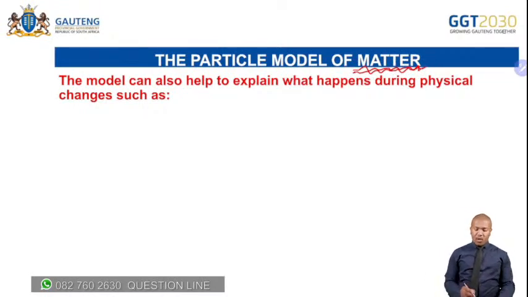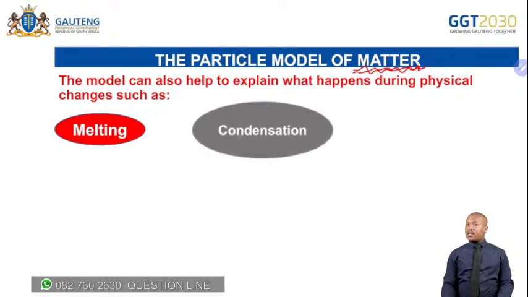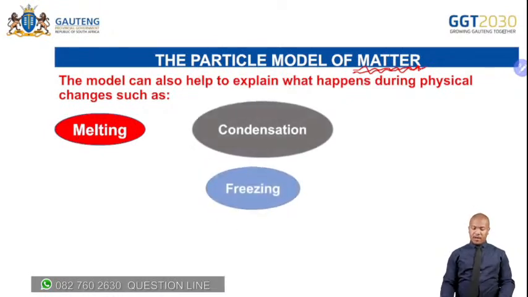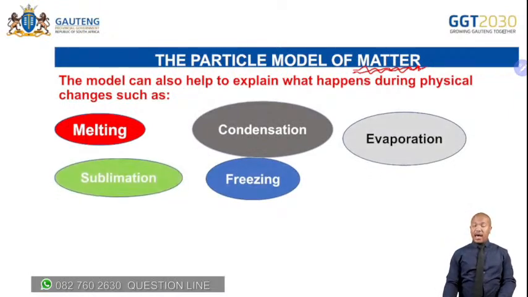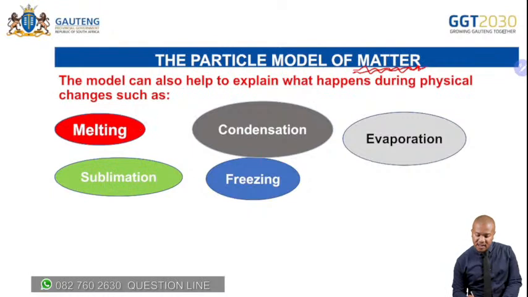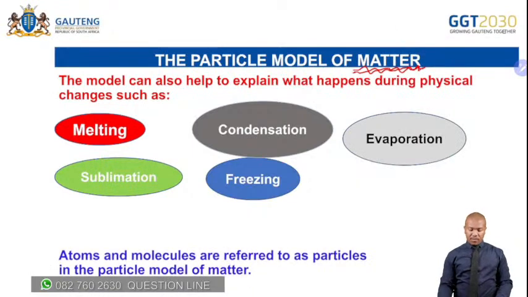So the model helps us to explain what happens during physical changes, such as melting, condensation, freezing, evaporation, and sublimation. Those are your physical changes that happen on matter. And also, the atoms and molecules are referred to as particles in the particle model of matter.